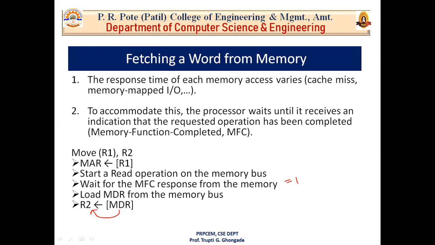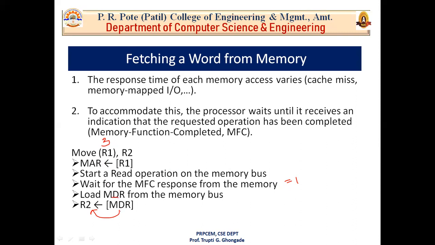Now what we have done here, for example, your register R1 contains data 3. We have loaded the address of R1 into the MAR. By using MAR, the read operation is completed. Once the read operation is completed, this 3 is available on the data lines and this MFC is set to 1. After that, your processor will get that 3 from the data lines and load it into the MDR register.